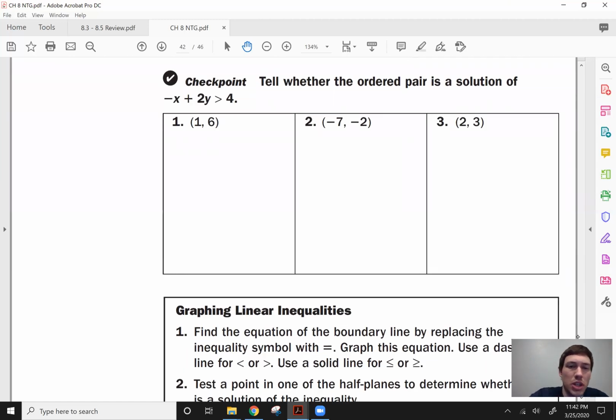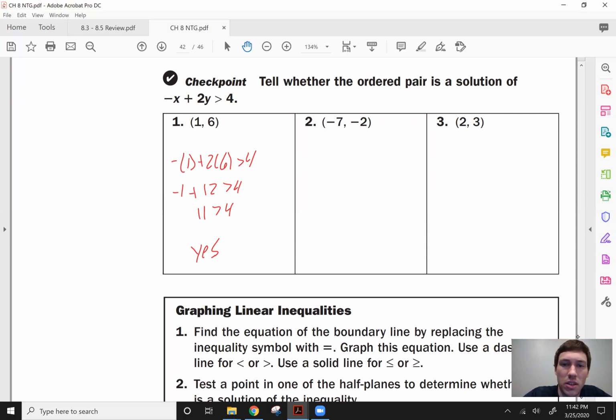So on these, when we check, whenever you plug in, always use parentheses. -1 plus 2 times 6 is greater than 4. So -1 plus 12 is greater than 4. So 11 is greater than 4, which is true. So yes, that is a solution.